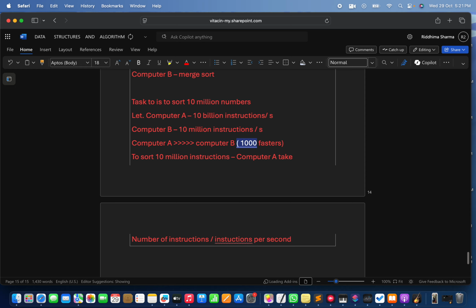The instructions cancel and the second is left. If we compute, we get 20,000 seconds as the answer, which is more than 5.5 hours.